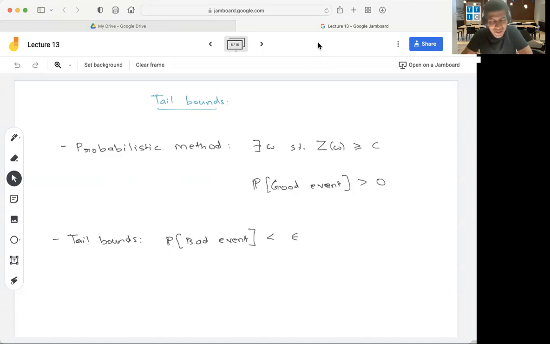There are stronger statements, which are often obtained via tail bounds, but these statements will be of the form that the probability of some bad event is less than epsilon. So instead of saying some positive bound on the probability of a good event, we will say, assuming some dichotomy between good and bad, or just defining bad to be everything that is not good, no moral judgments here, by the way, that we get to say that the probability of our good event is at least 1 minus epsilon.